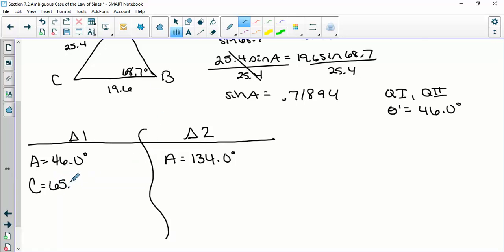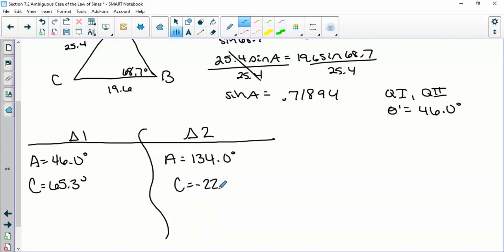So in the first triangle, we get 65.3 degrees. And then in the second triangle, if you do 180 minus 68.7 minus 134, what do you get?